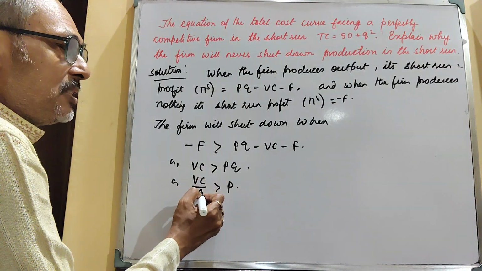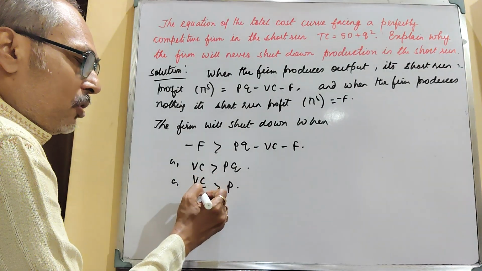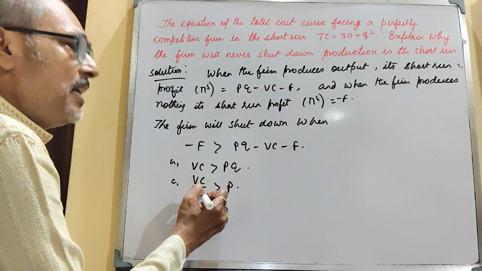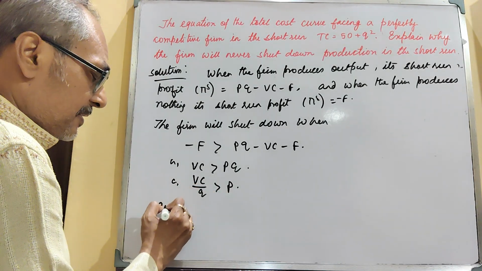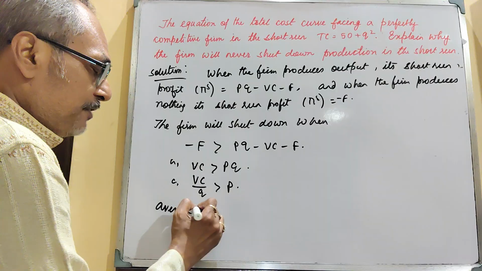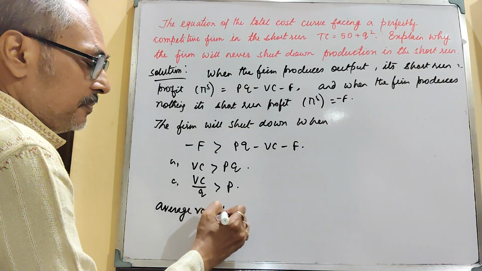Now variable cost divided by output is called average variable cost.